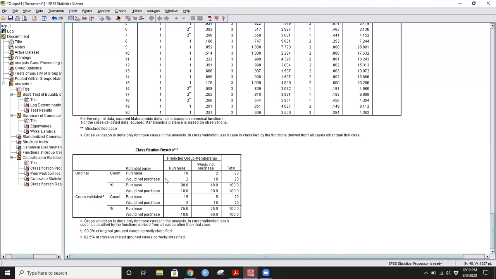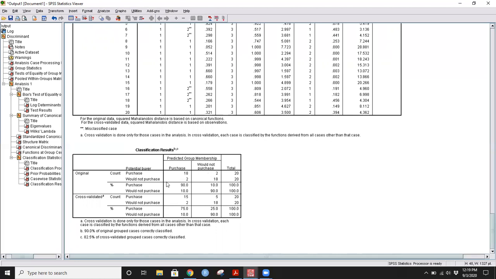Okay, so in this particular table, you can see you have original written over here and predicted written over here. That means my rows indicate the original categories, that is the categories which were observed originally in the data set, and my columns indicate the categories which have been predicted by the discriminant function.